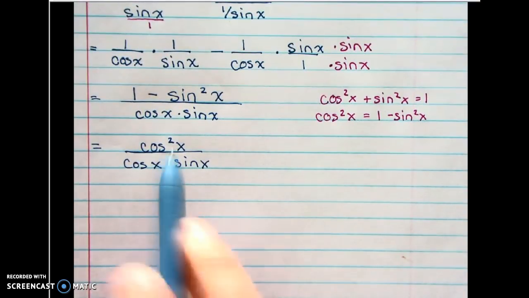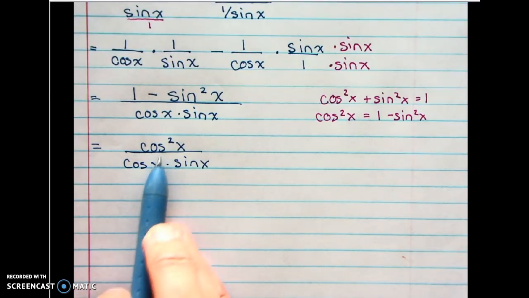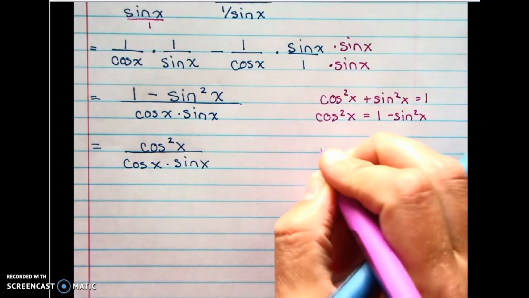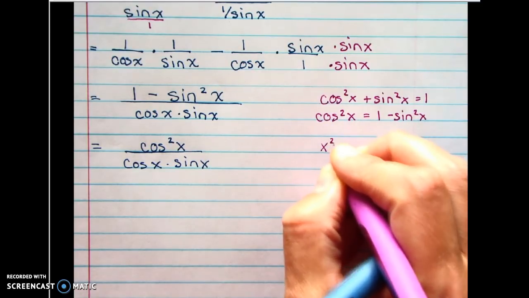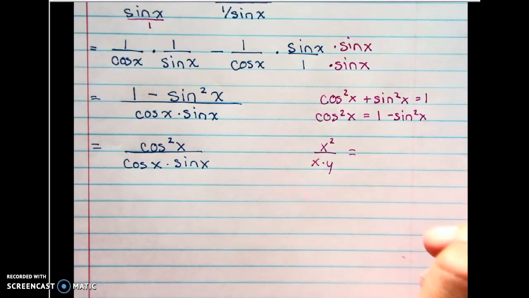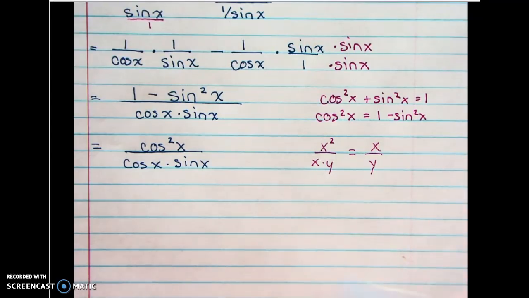Okay, what do you notice? What's a common factor in the numerator and the denominator? Do you see how there's a cosine in both? So just like if we were to have x squared over x times y, what would that reduce to? Would an x divide out and we would get x over y?